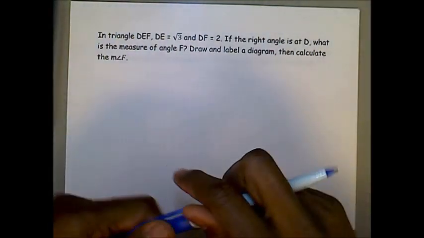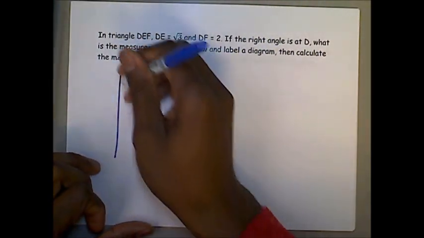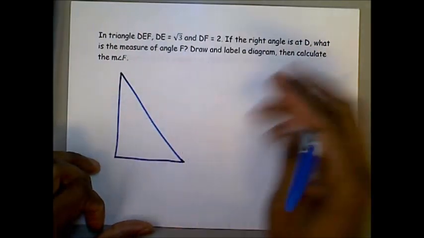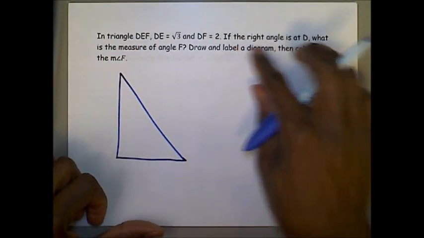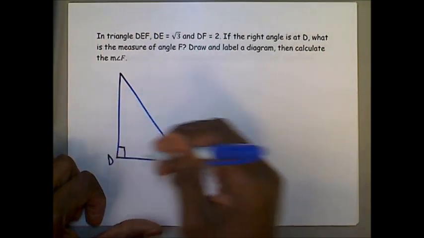So I am going to draw my right triangle. Okay. Now, it says that the right angle is at D, so I'm going to put the D right there.